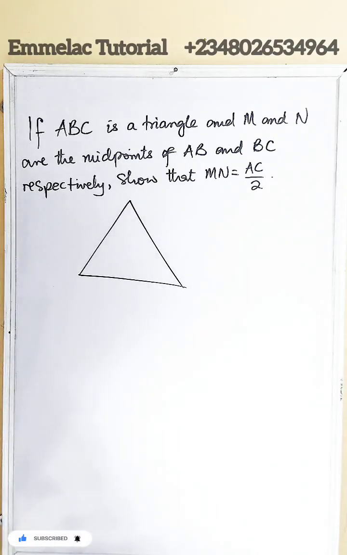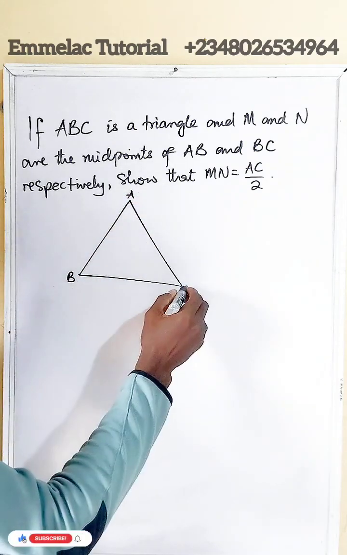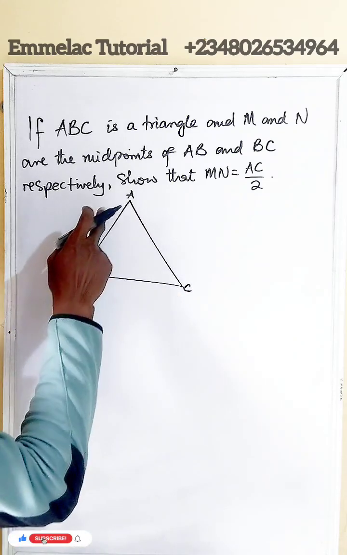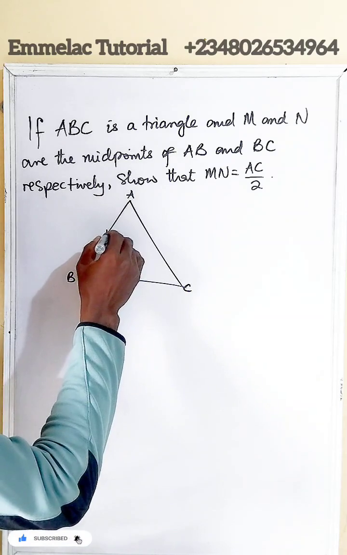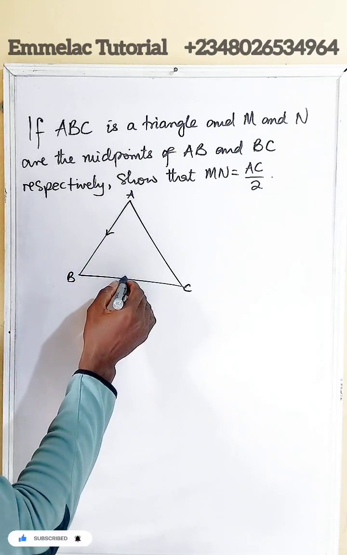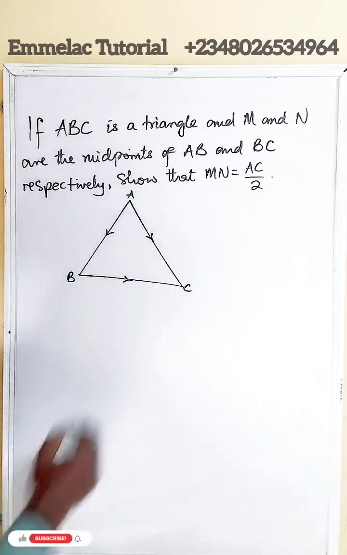Okay, so to this end, let's say this is A, this is B, and this is C. Now, since this is the starting point and this is the ending point, we have A to B, B to C, and A to C. Okay?